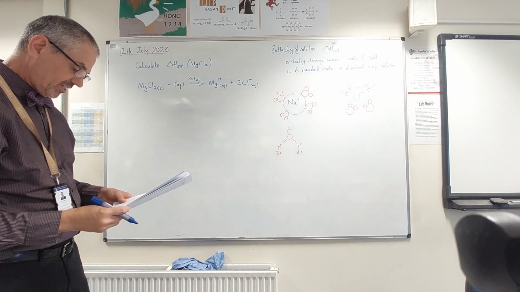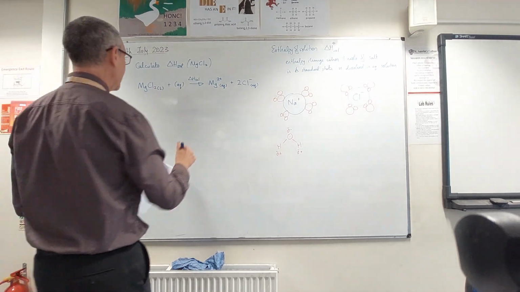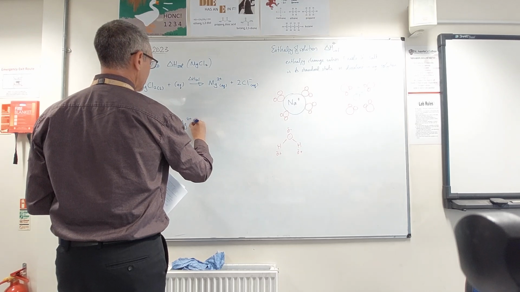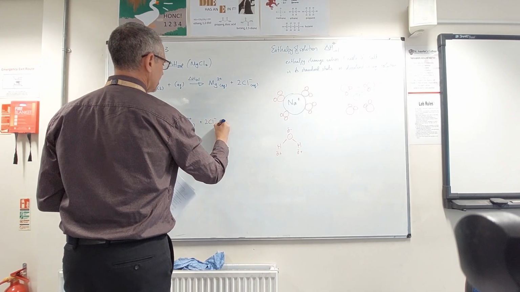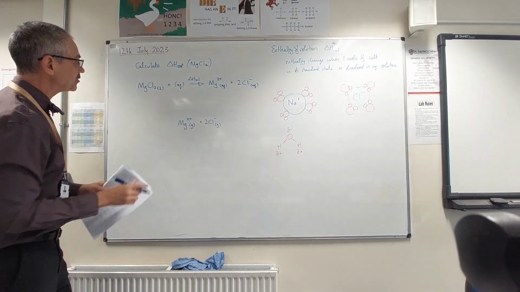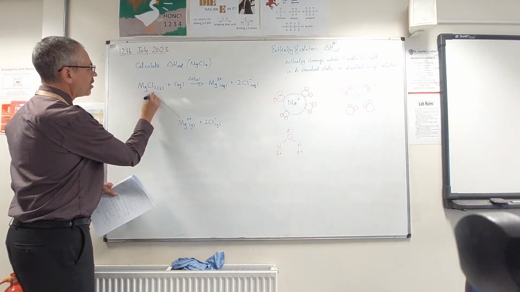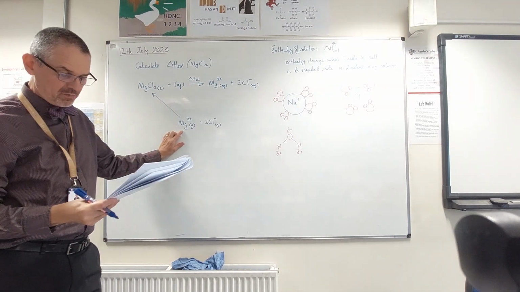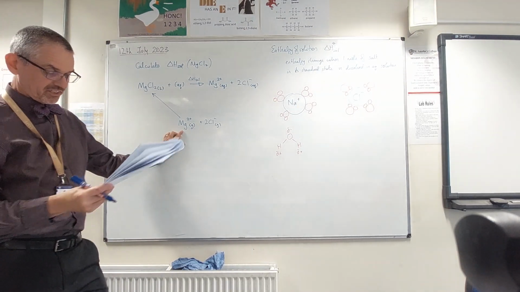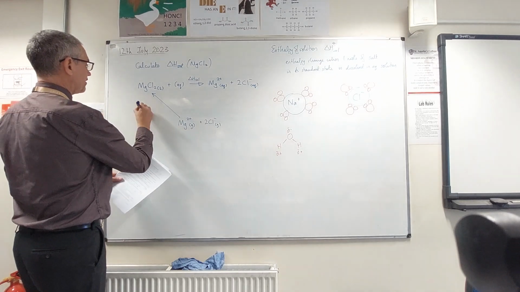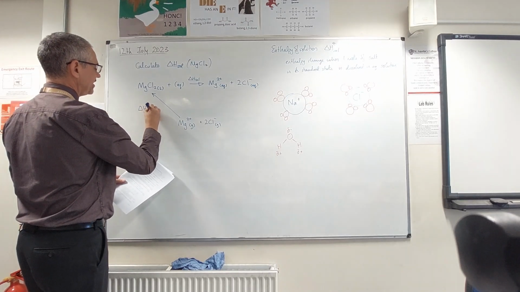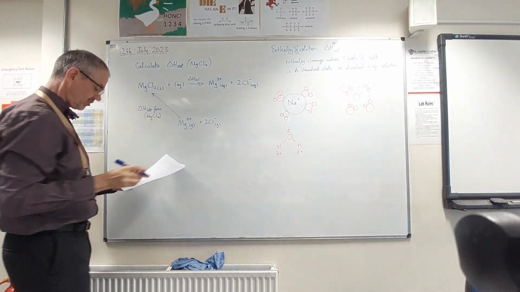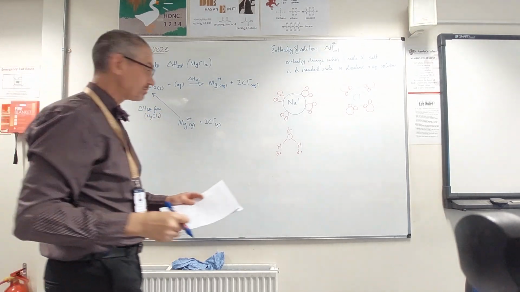We've been given the lattice formation enthalpy. So the lattice formation enthalpy is the enthalpy change when 1 mole of solid magnesium chloride is made from the gaseous ions. So that's the lattice formation enthalpy for magnesium chloride. That'll be a big negative number.